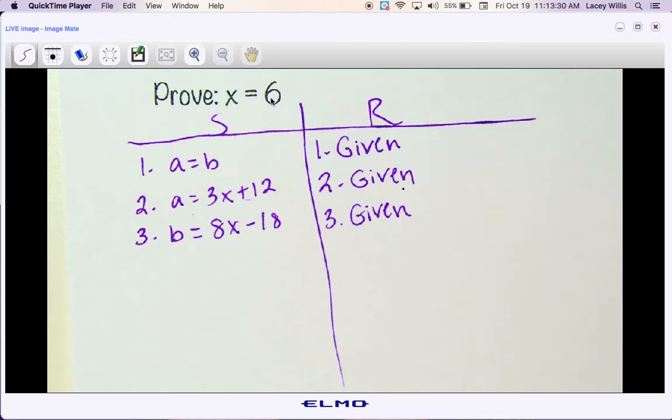Do any of them have an x only? No. If there are two variables, you cannot solve it. So, can we solve any of them? No. So we need to start tying some equations together so that they all have the same letter. Do you see anything we could start plugging in?